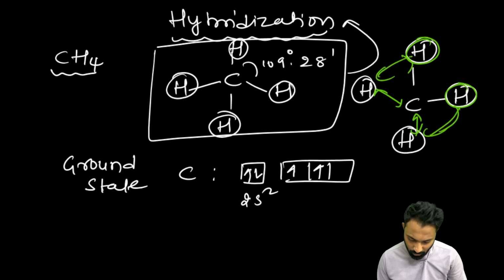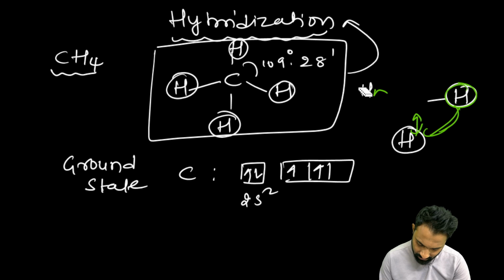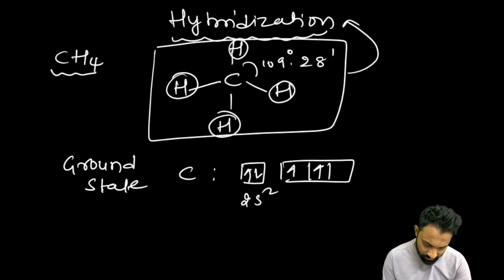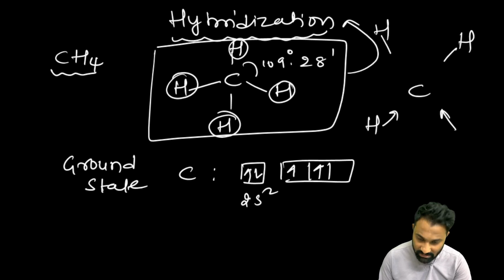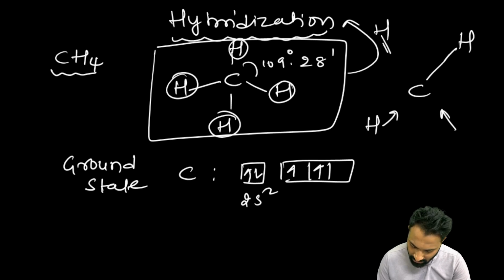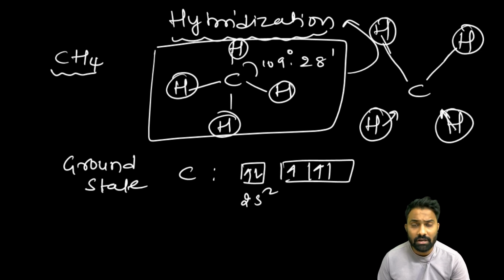Now listen, four hydrogens are coming to form bonds towards the carbon. Carbon has formed two bonds with two hydrogens, and the remaining two unbonded hydrogens also want to form a bond.